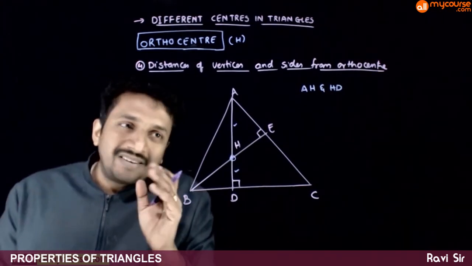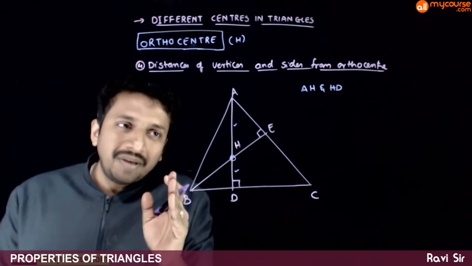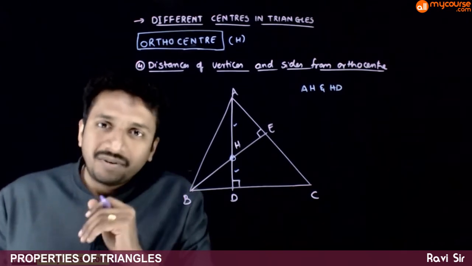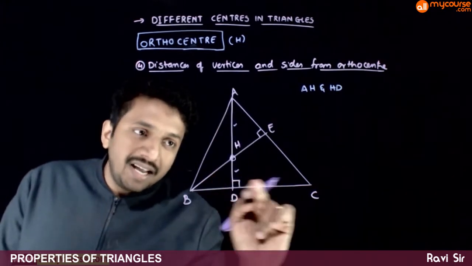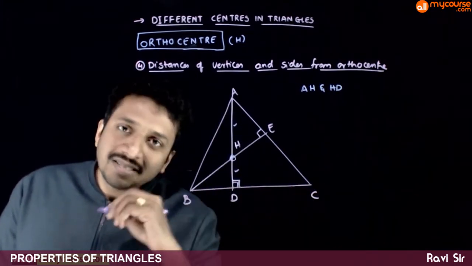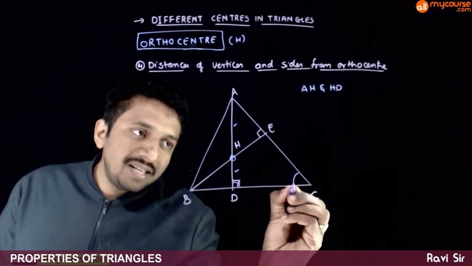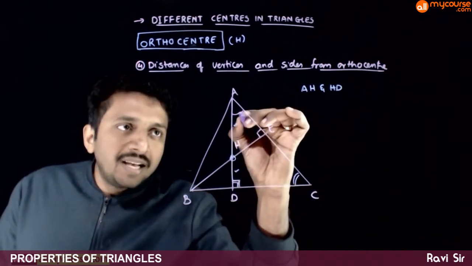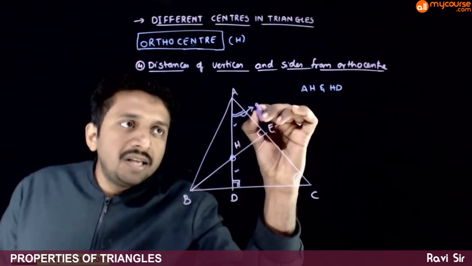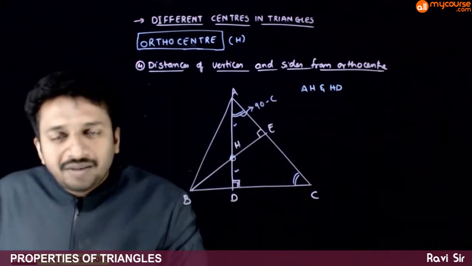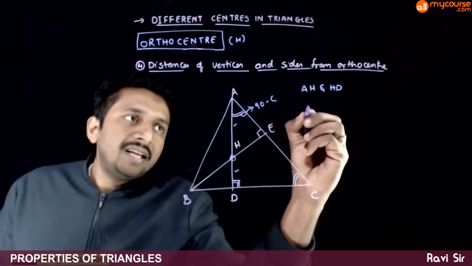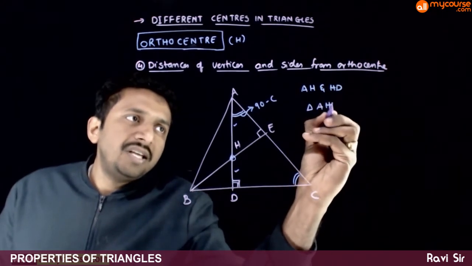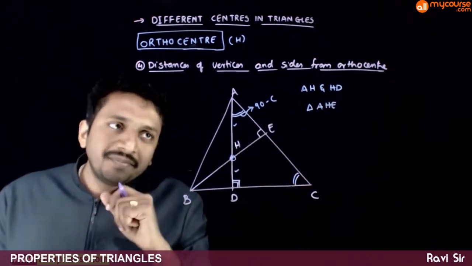Now let us try to see some angular properties in this figure. In triangle ADC, this angle is 90 degrees. One angle is C. So this angle will be 90 minus C. Now in triangle AHE, this is also a right angle triangle.